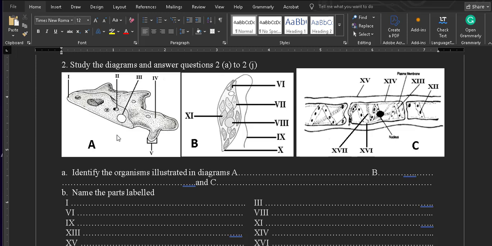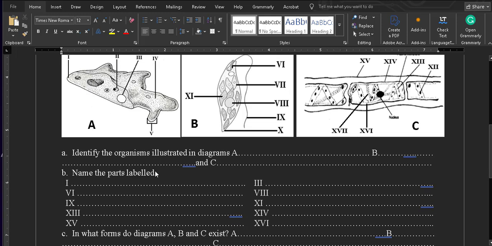Okay, so we are instructed to study the diagrams and answer questions 2A to 2J. We've been given organism A, B, and C. All right, so let's get right into it.